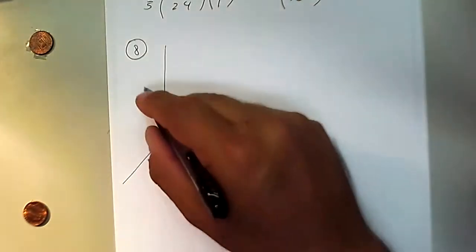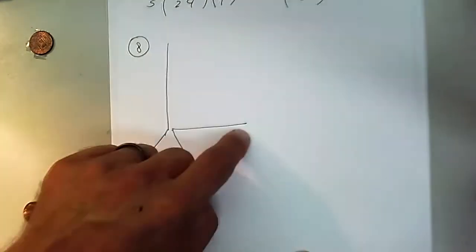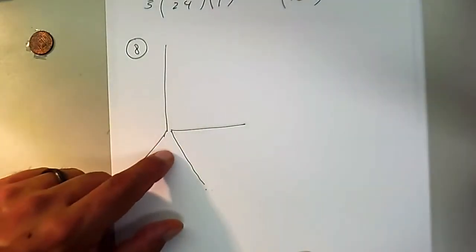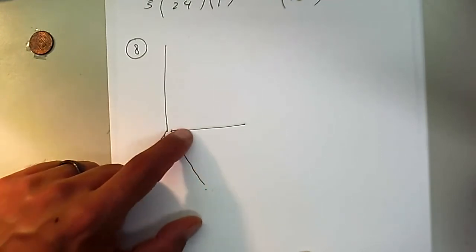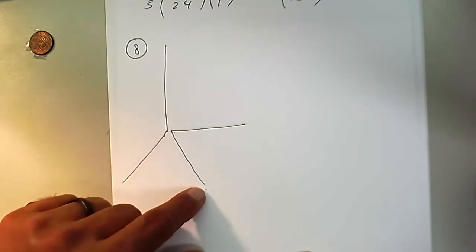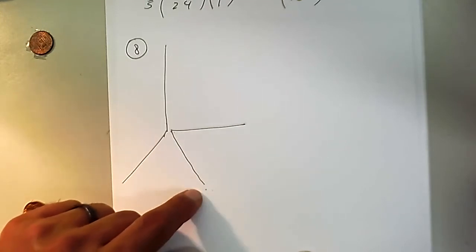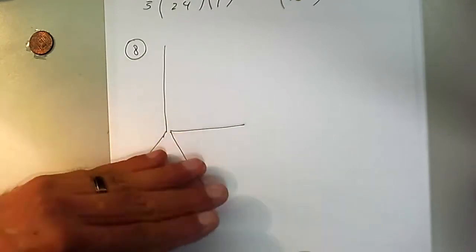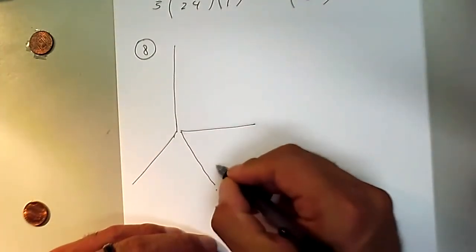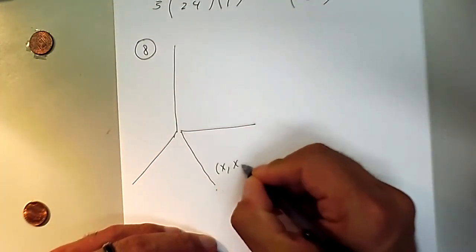So this line is on the XY plane, and it goes this way. All the x's are equal to the y on those points, but the z value is 0. So there's no lift to this line. This line is on the floor. So a generic point on this line is x, x, 0.